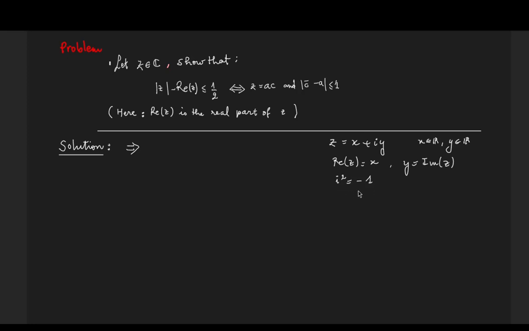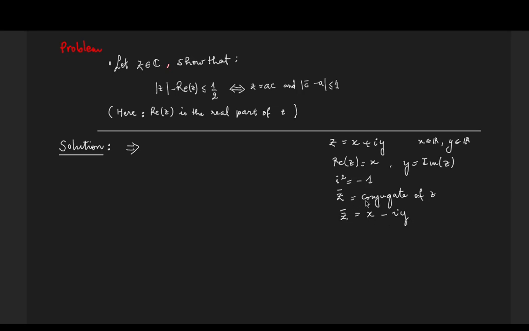So we also use z bar, like we see here, c bar. So z bar, that's the conjugate of z. And it's defined as x minus iy.